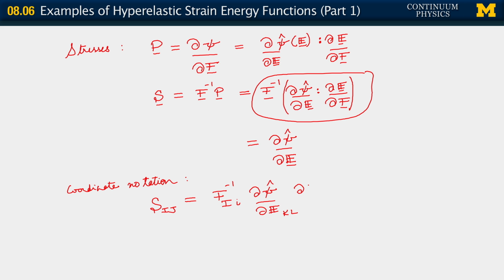The contraction works out to be the derivative of E_KL with respect to F, which has to have indices little i, capital J, for everything to work out. If you look at how the indices are being contracted, you will see that indeed on the right hand side we have free indices capital I, capital J.